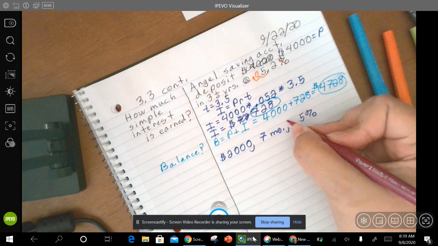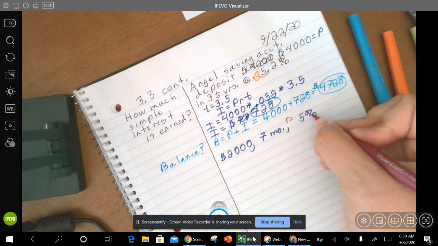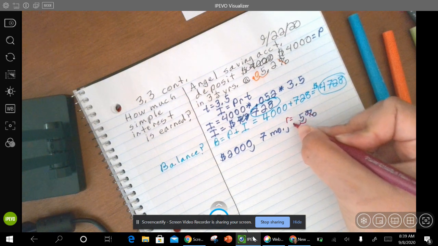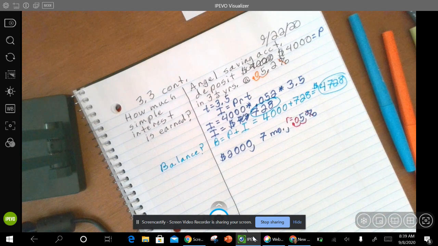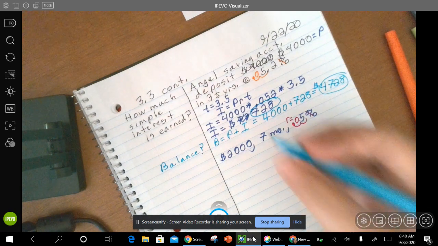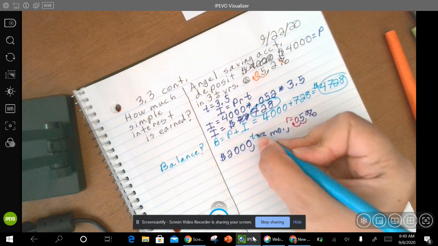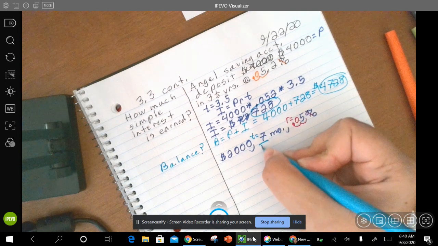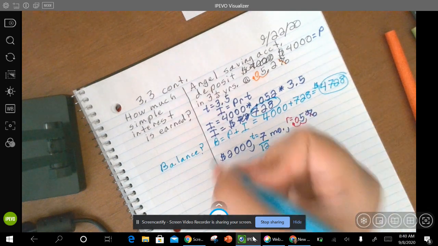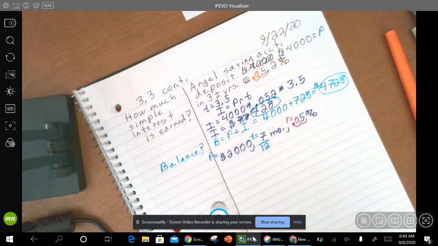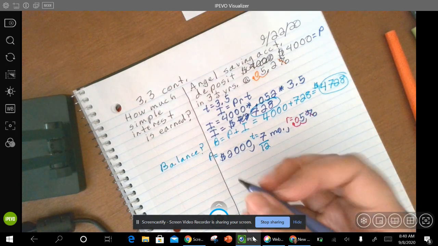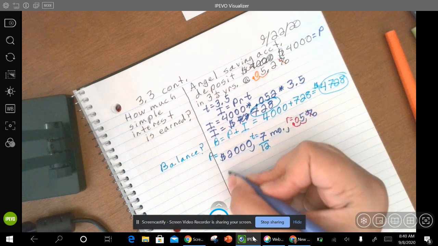So our rate, remember, drop the percent sign and go to the left, so 0.05. Our time is going to be 7 months. Remember, it's time in years. Again, 12 months in a year. And then our principal is going to be 2,000. So we're going to substitute those all in.